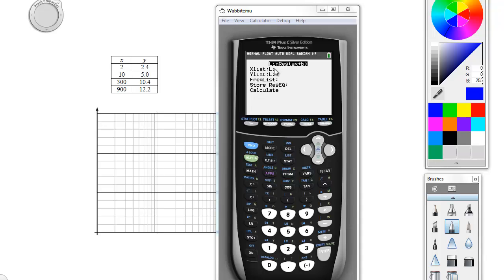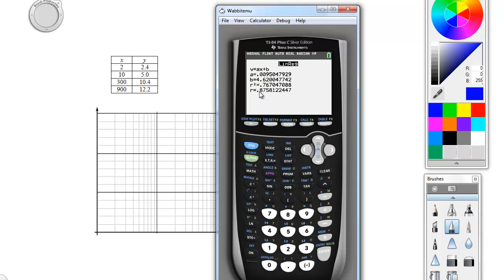You can see that the default is that it thinks your X list is in L1 and your Y list is in L2. You can skip the frequency list and the store. So press enter, enter, enter to store it. If you press alpha F4, you can get Y1, which means it'll take the equation that it calculates and store it into Y1 for you. And then press enter and ask it to calculate it.